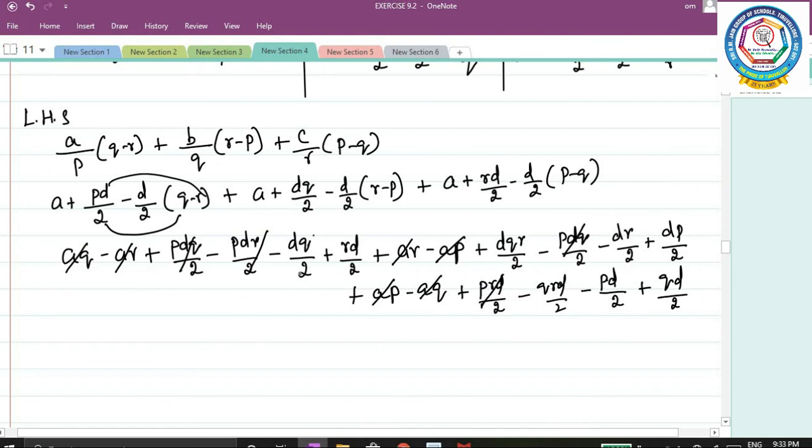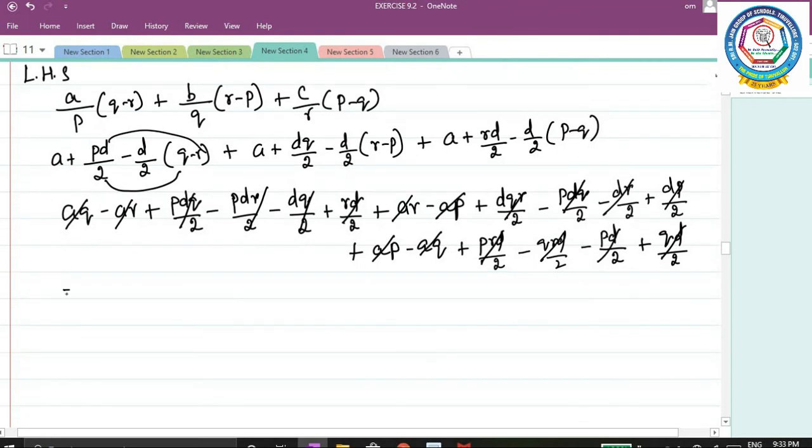Minus dq by 2, here plus dq by 2. Rd by 2, here minus rd by 2. Next one, dqr by 2, here minus dqr by 2. Here plus dp by 2 minus dp by 2. So everything will cancel. We are getting 0.